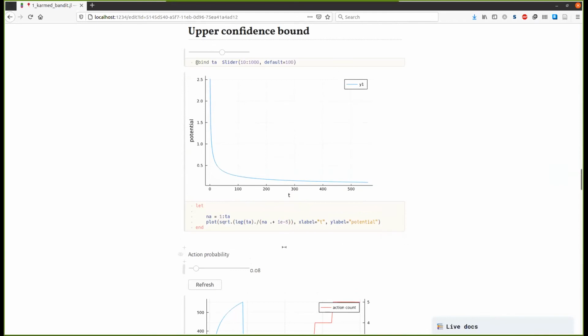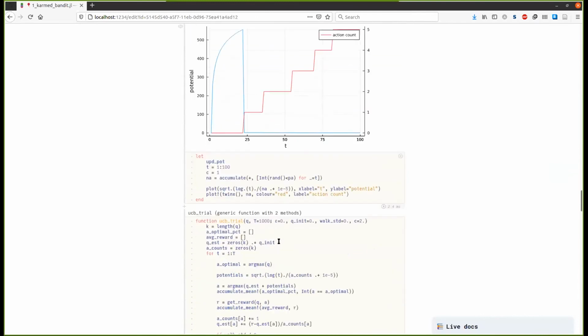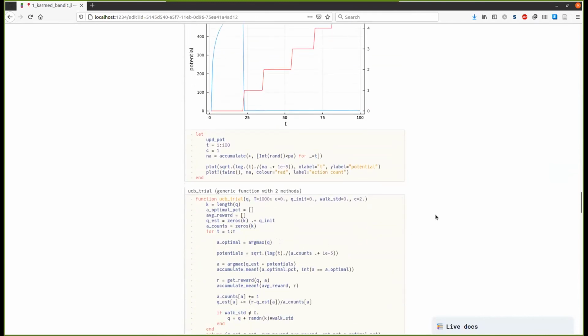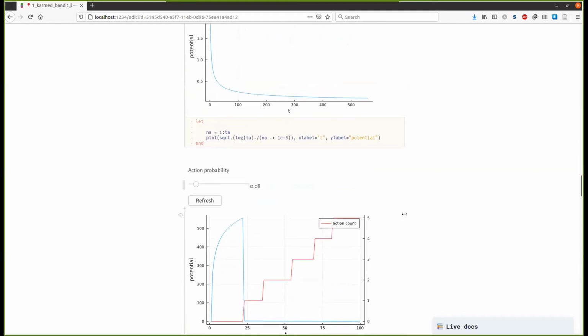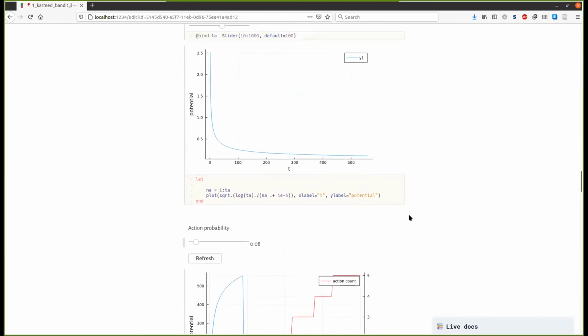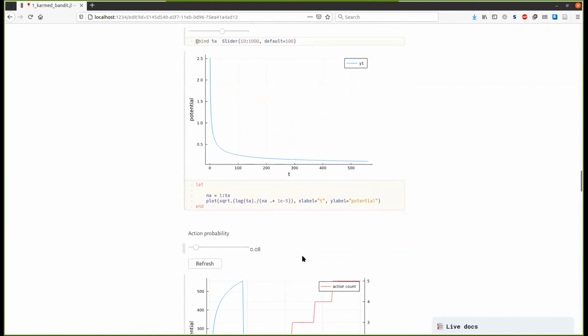That happens at 11 steps. Probably I haven't got the words to explain it, but hopefully that makes sense, how this second component affects the way we explore.